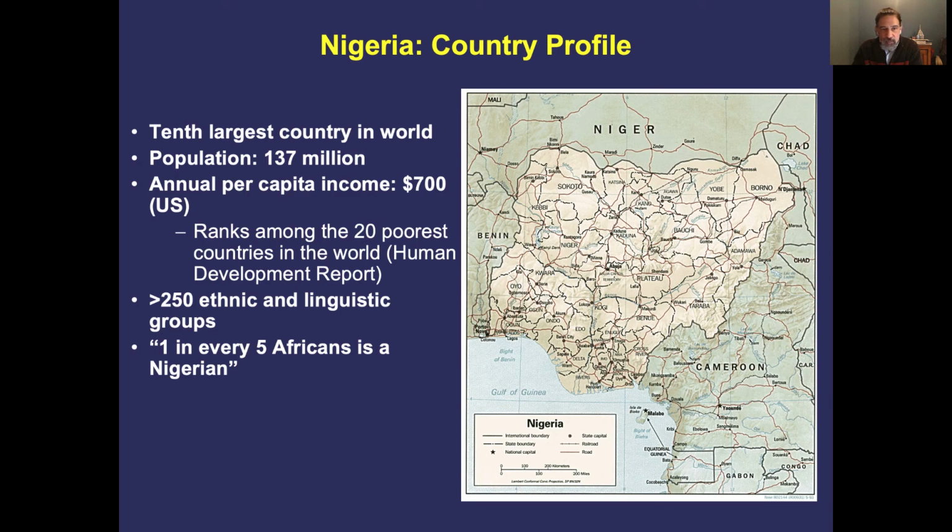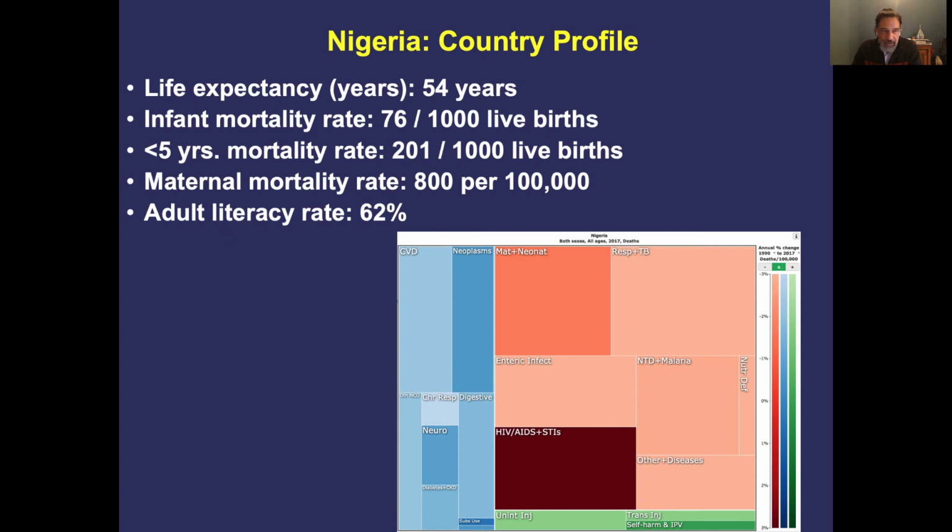And it's said that 1 out of every 5 Africans is a Nigerian. In Nigeria, the life expectancy is about 54 years. The infant mortality rate, the under 5 mortality rate and the maternal mortality rate are quite high. And the literacy rate is also on the high side for the region at about 62%.